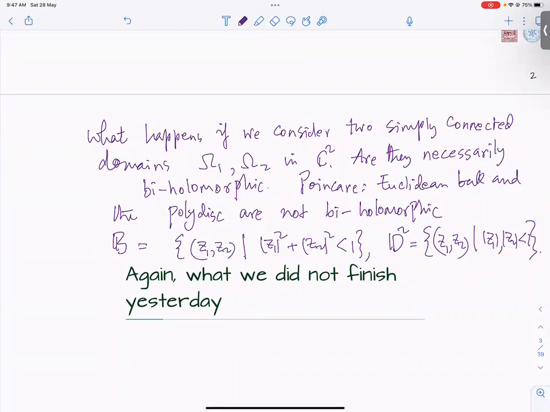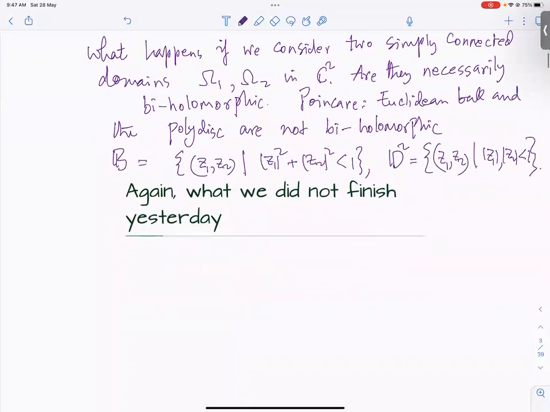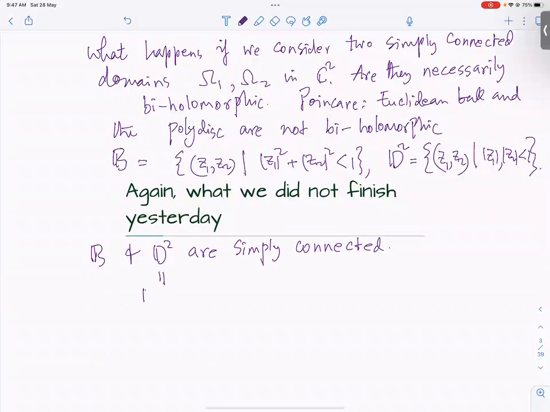It is very clear that the Euclidean ball and the bidisk are simply connected. One thing I want you to remember, which is why I did this in the very first lecture, is that the bidisk is two copies of the disk, the Cartesian product of the disk with itself.